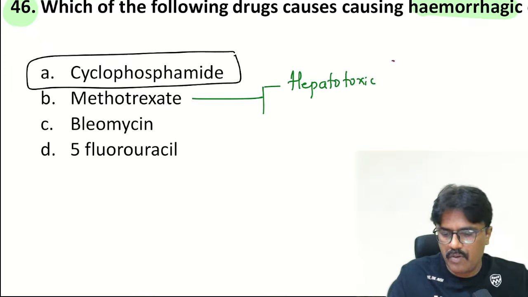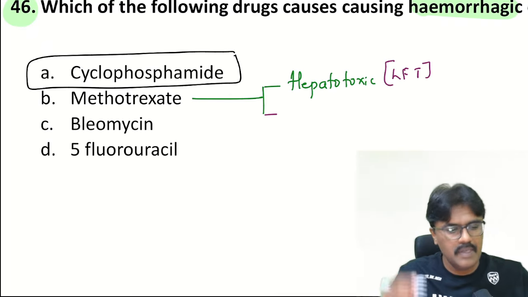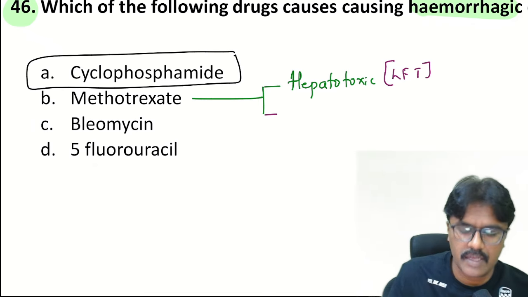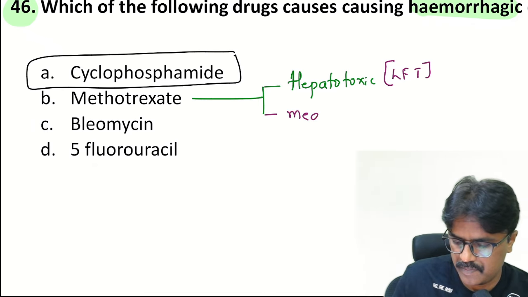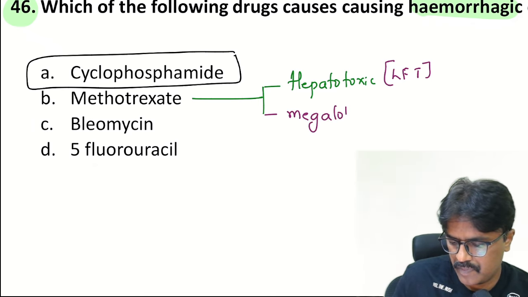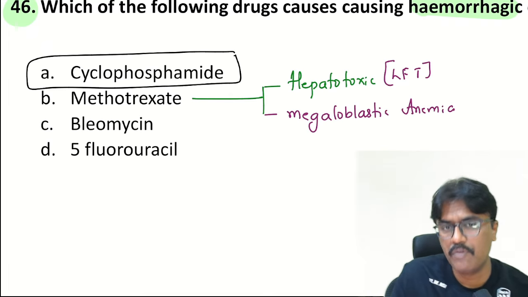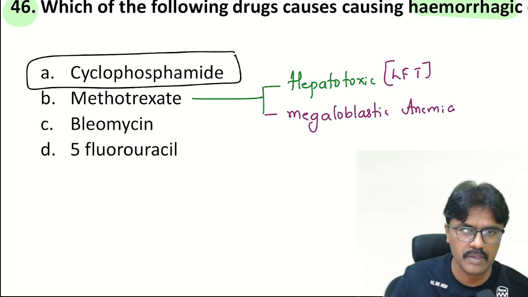So what monitoring do you want to do? You want to monitor LFT. Second, the drug can cause anemia due to folic acid deficiency, that is called megaloblastic anemia. So that's why we give folic acid supplement when we give methotrexate.